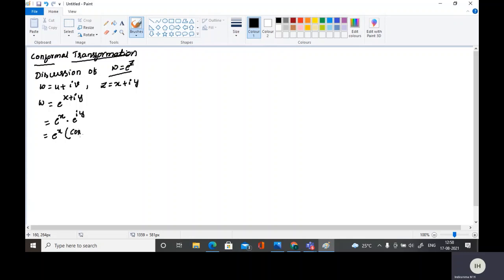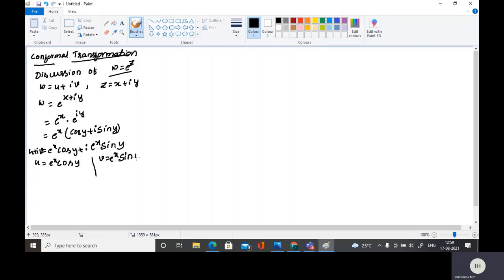So e power x into cos y plus i sin y can be written as e power x cos y plus i into e power x sin y. And we know that w is nothing but u plus iv. Now equating the real and imaginary parts, u is equal to e power x cos y and v is equal to e power x sin y.